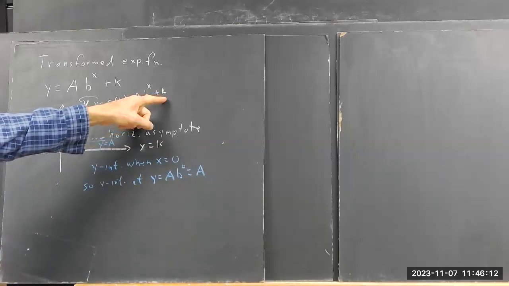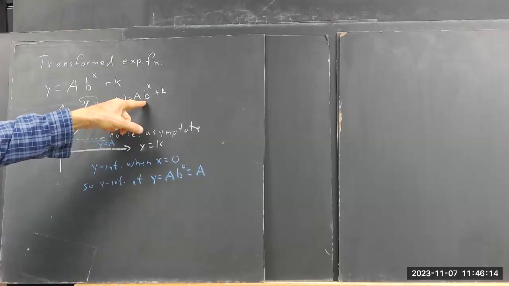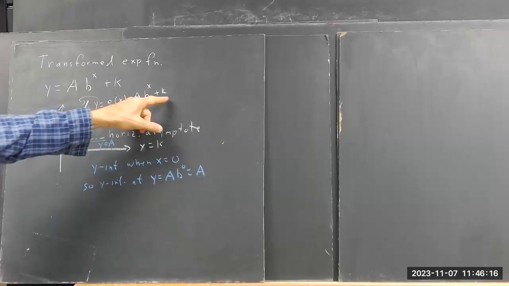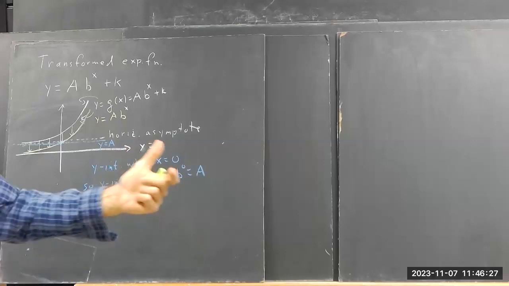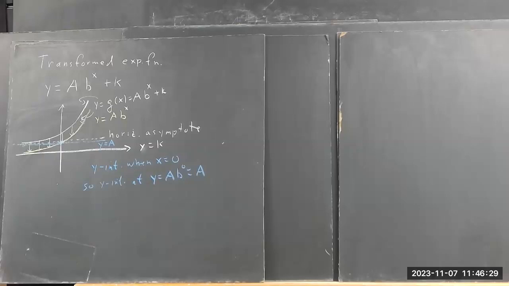So your first trick is, you know there's a vertical shift. You know that this is asymptotic to the x-axis, so this has to be asymptotic to y equals k. Well, let me make a note on that because it might not be obvious. I'm seeing some consternation in the expressions around the room.